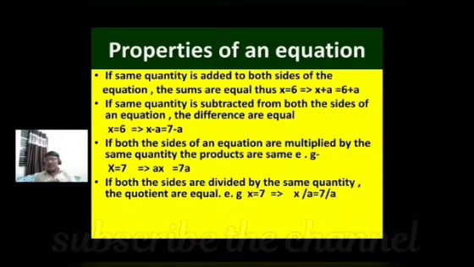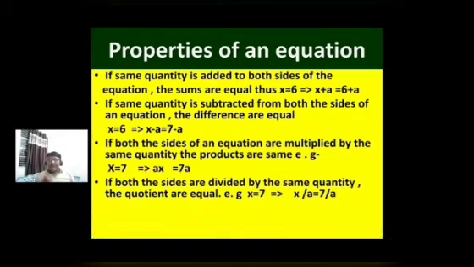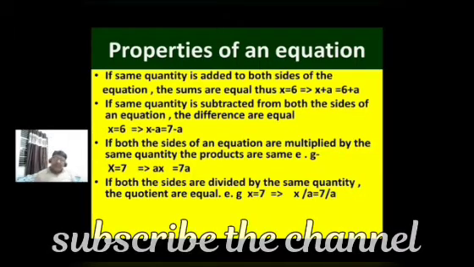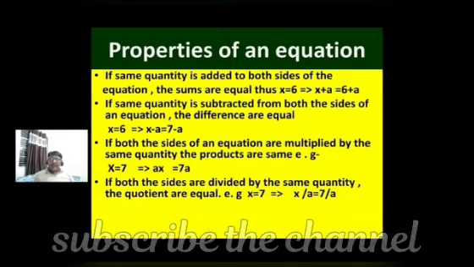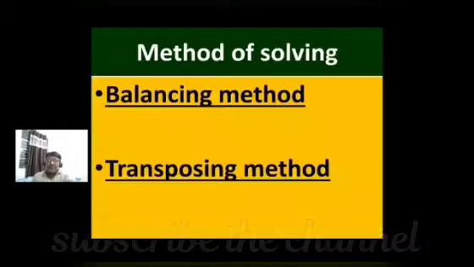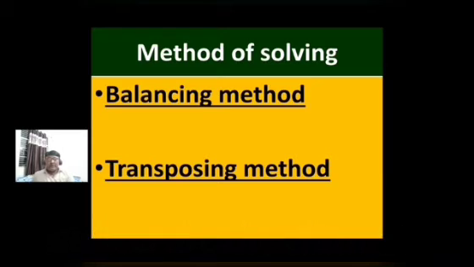If both the sides are divided by the same quantity, the quotients are equal. That is, if x is equal to 7, and we divide both the sides by a, we will get x upon a is equal to 7 upon a, and the result is the same. So these are the properties of an equation.